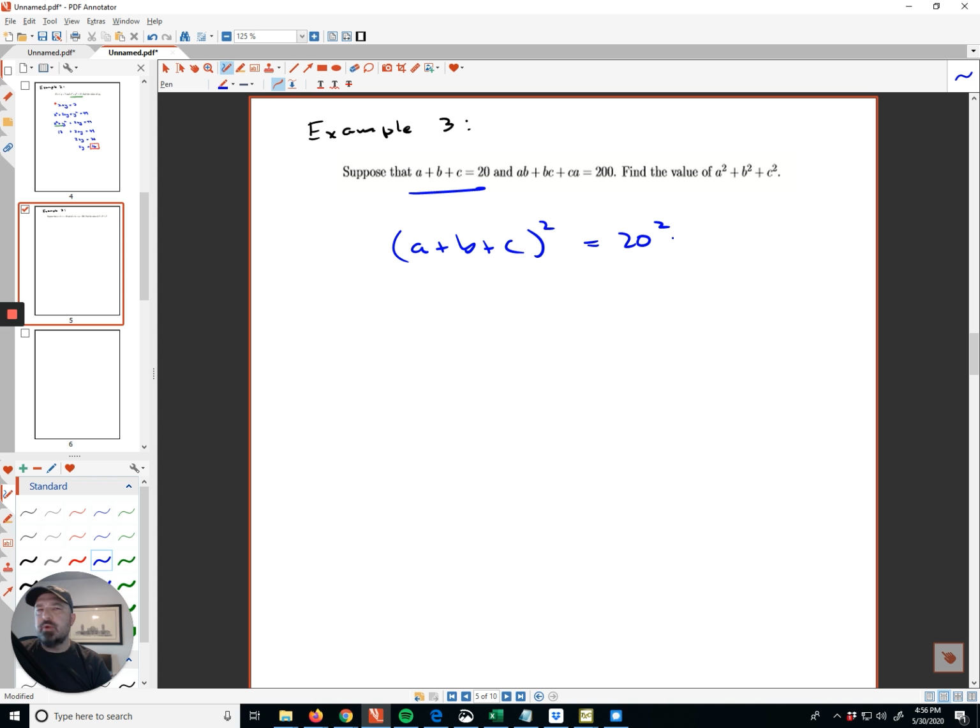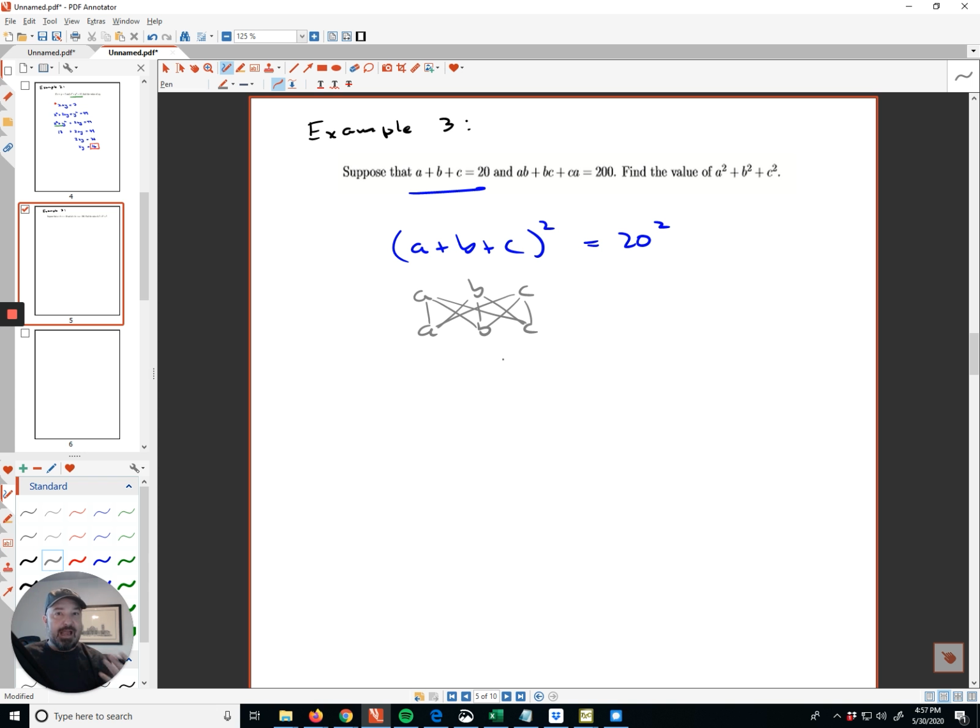Okay, so what do we get when we expand a plus b plus c, squared? Well, we have a multiplied by a, a multiplied by b, a multiplied by c, b times a, b times b, b times c, c times a, c times b, and c times c. And as you can see, that's 3 times 3 different products.